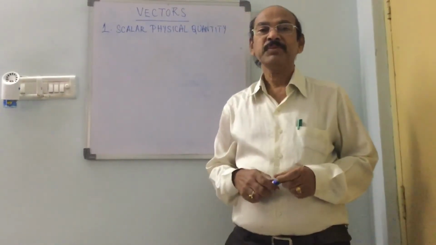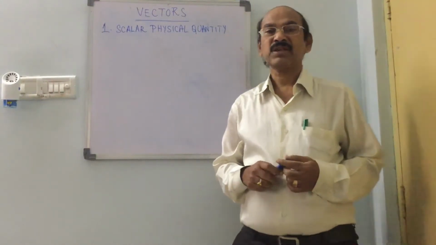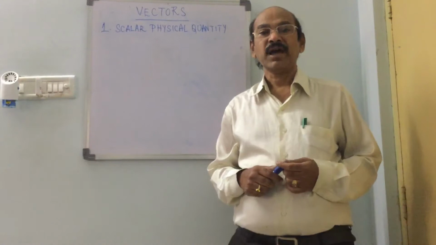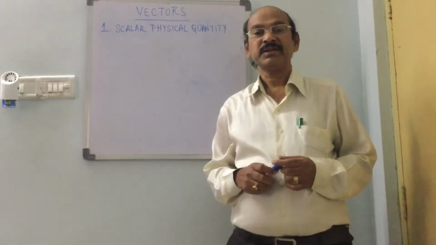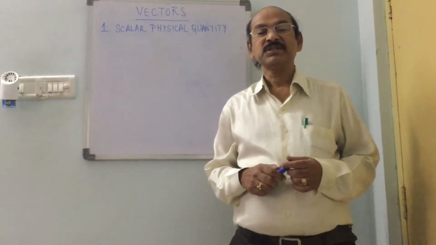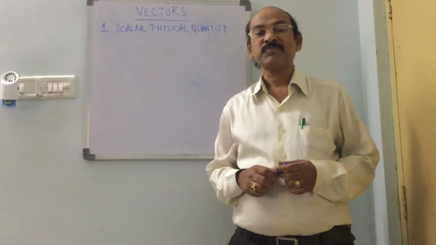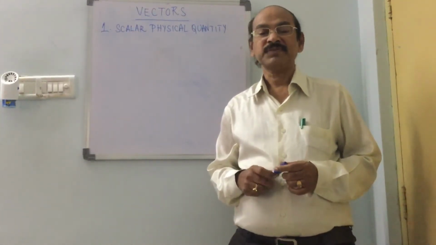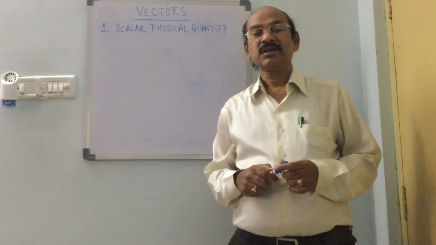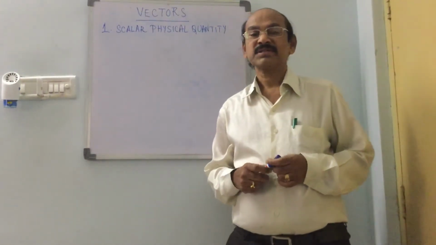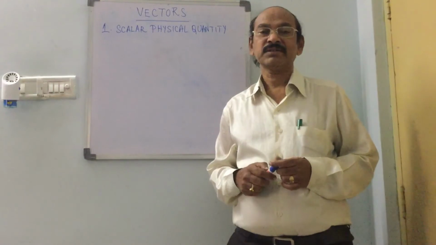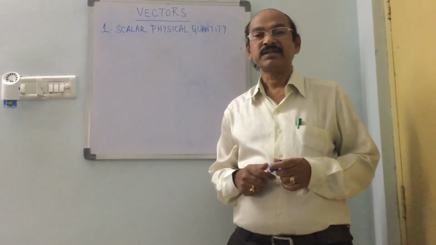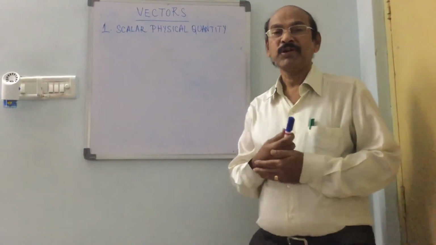They have only magnitude. For example, length, mass, time, electric current, amount of substance, thermodynamic temperature, all are examples of scalar physical quantities. And some more examples for scalar physical quantities are distance, work, energy, power.